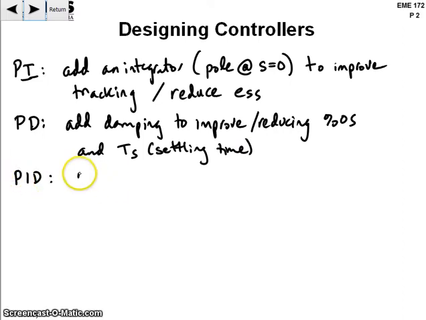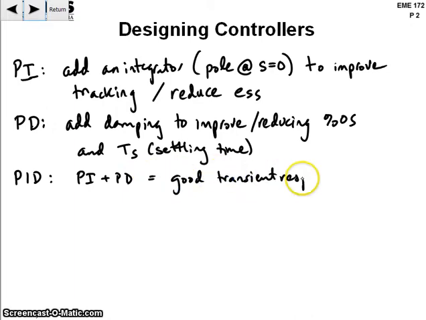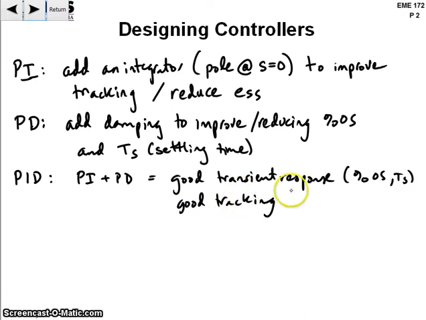So we have basically PI plus PD, and so this gives us good dynamic behavior, good transient response in terms of overshoot, settling time, and good tracking, or low steady state error.